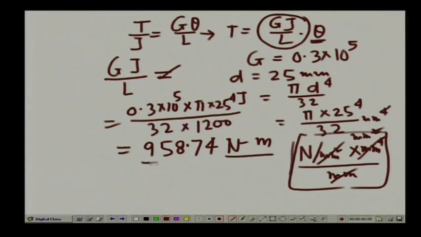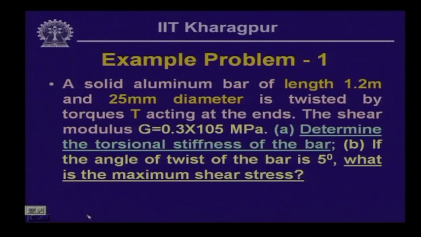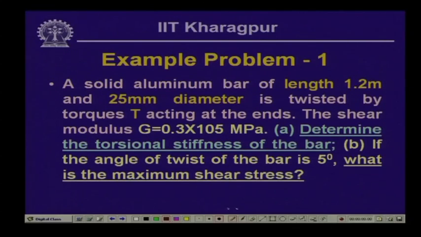So, this is the torsional stiffness of the bar which is subjected to a twisting moment. Now, the next step is to calculate, if the angle of twist of the bar is limited to 5 degree, then what is the maximum shear stress?